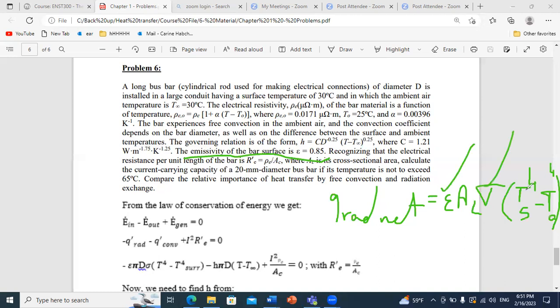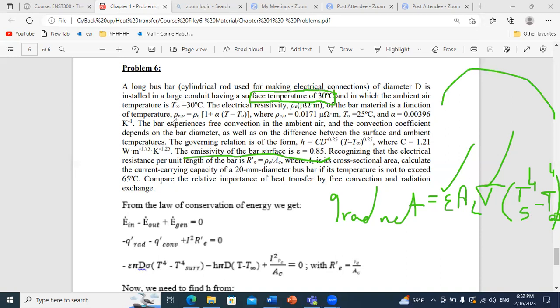You have the value of T infinity given for us, not T0, T infinity, we mean. The temperature of air is given, sorry, the temperature of the enclosure, and the enclosure temperature is equal to air temperature. So we take here the temperature of the enclosure as T infinity, which is 30 degrees, and Ts is the surface temperature.